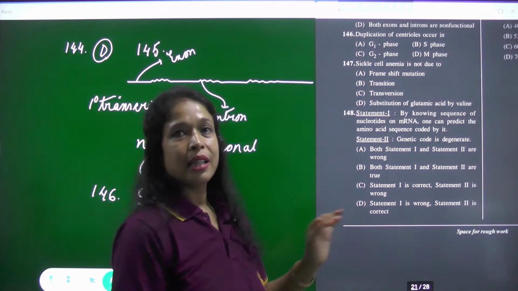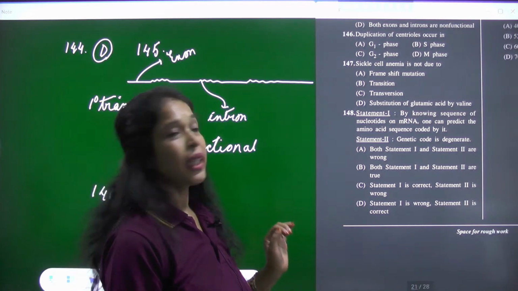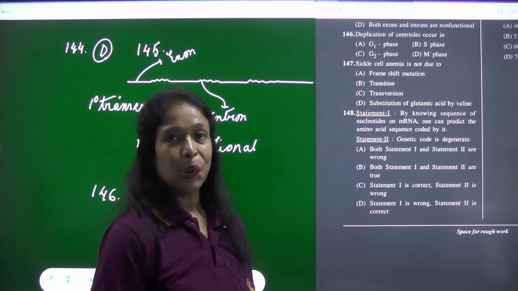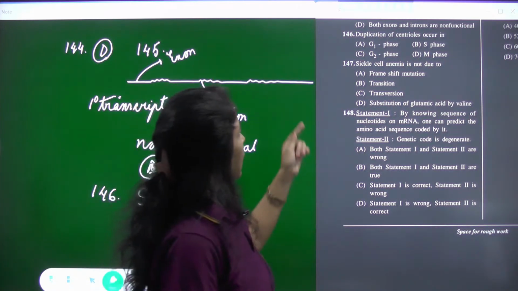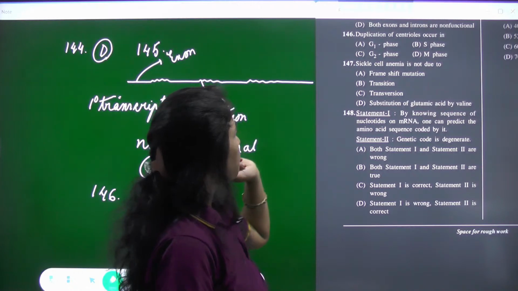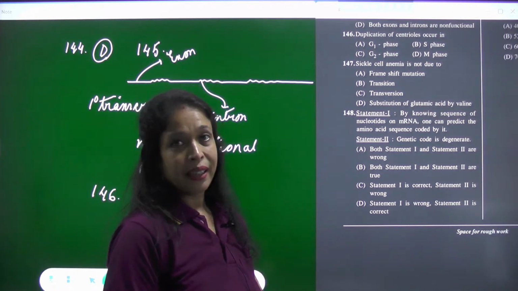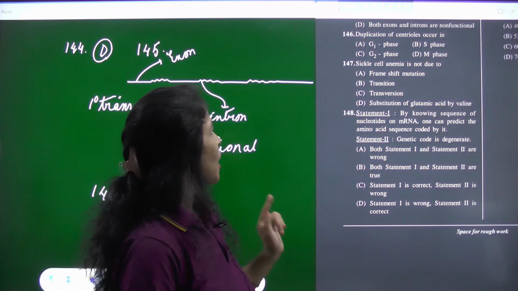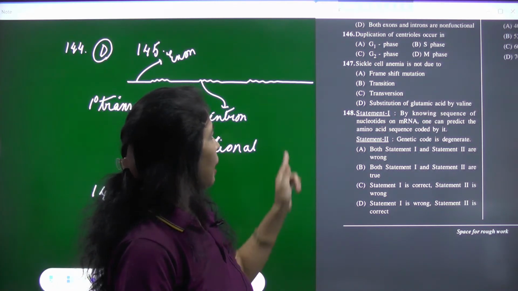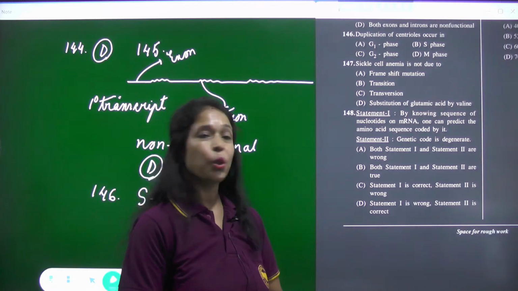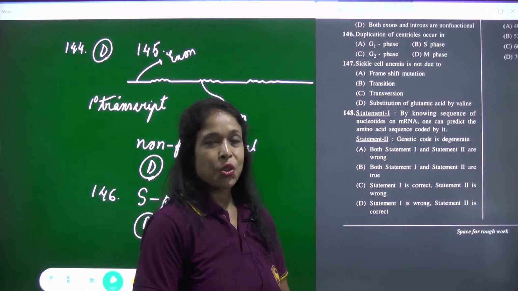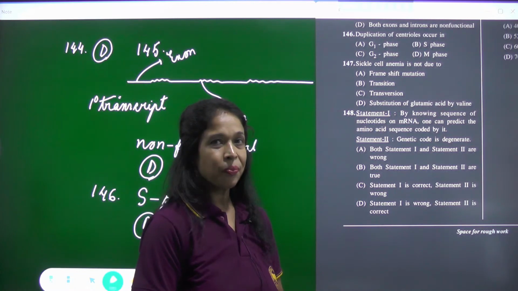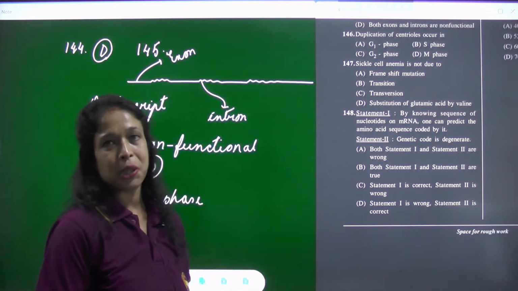Next, sickle cell anemia is an autosomal recessive disorder. It is not due to frameshift mutation. Yes, it is not because of frameshift mutation; it involves transition, transversion, and another one, substitution of glutamic acid by valine. So here all the options are correct except the second, meaning it is not due to transition.